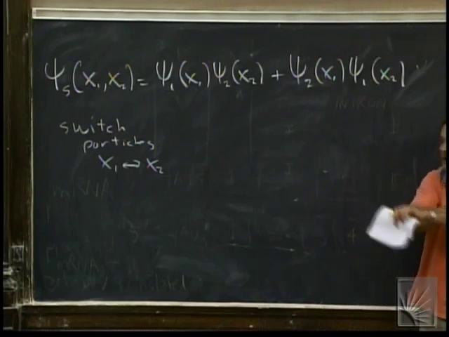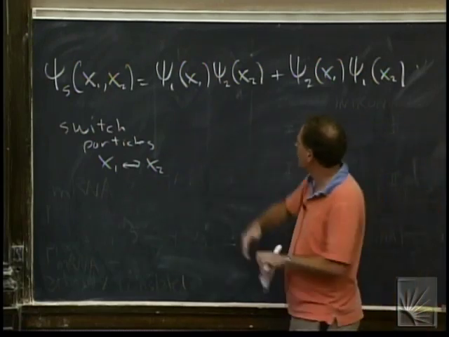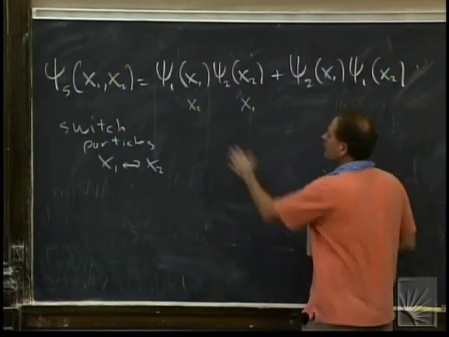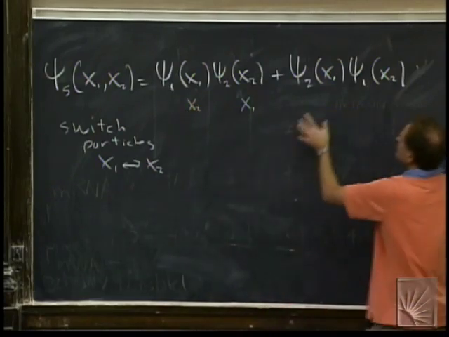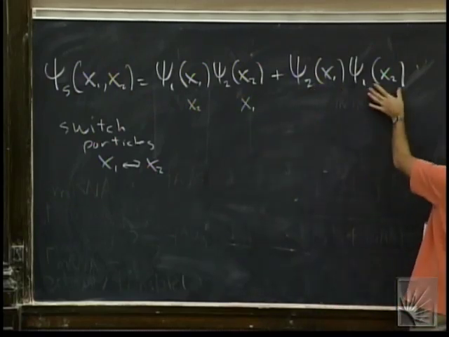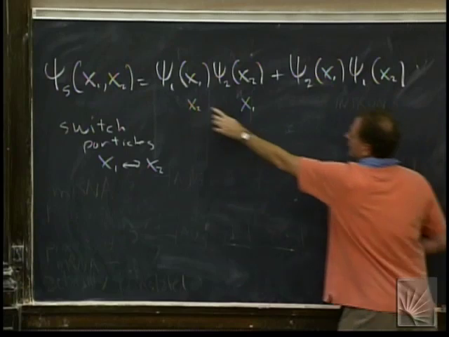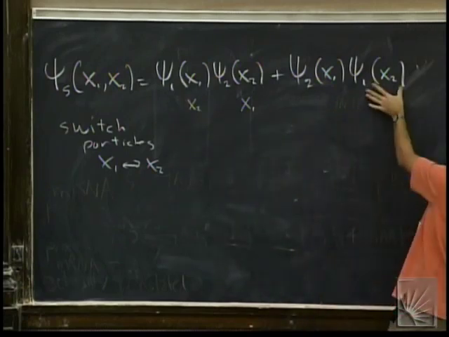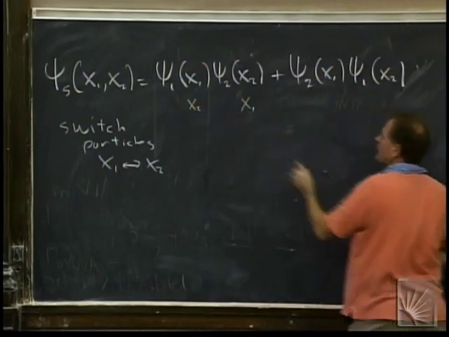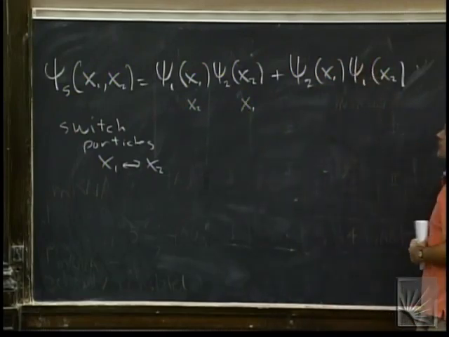Okay? So if I put x2 here and x1 there, then I have psi 1 of x2, and that's the same as what I had here. And I have psi 2 of x1, and that's the same as what I had here. So this term will equal the old term.